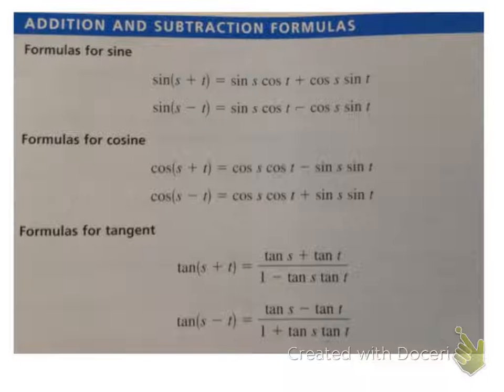Now I say it that way because it's not the same sign. Remember, sine gets to keep the sign, and cosine uses the opposite sign. I'm just trying to think, guys, of ways to help you remember so you don't always have to look these up.